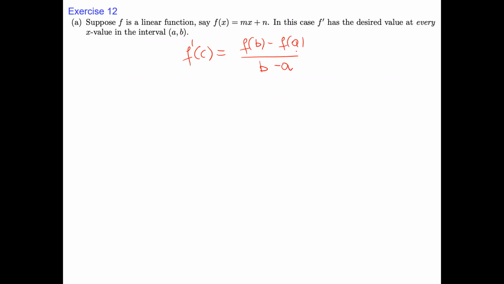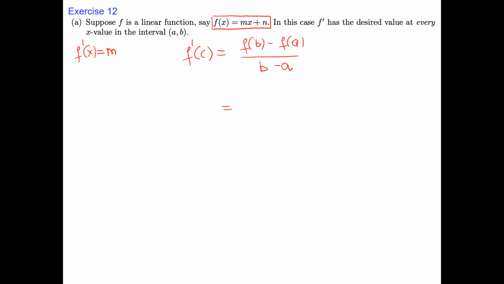For the line, the average rate of change and the instantaneous rate of change are still the same because a line has a constant slope. And we know the derivative of the linear function mx plus n is the slope m. We don't even have to compute it, we know that this is the slope. But let's just prove it.